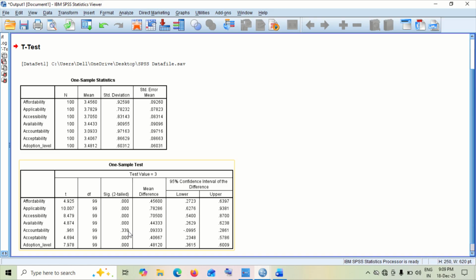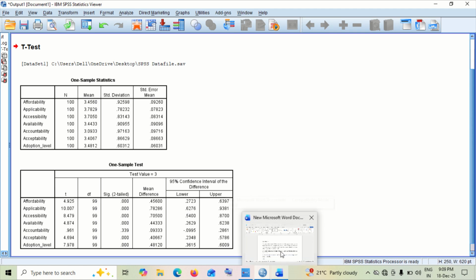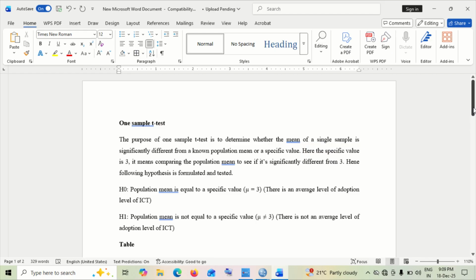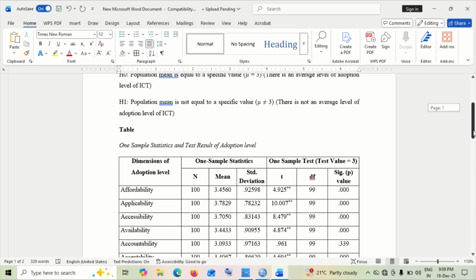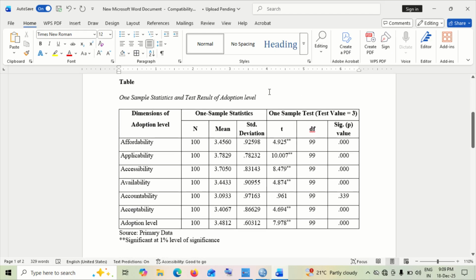Then we have to look at how to show the result in a research work or a project work. Yes, we can move to the table formulation. That is, table: one sample statistics and test result of adoption level.